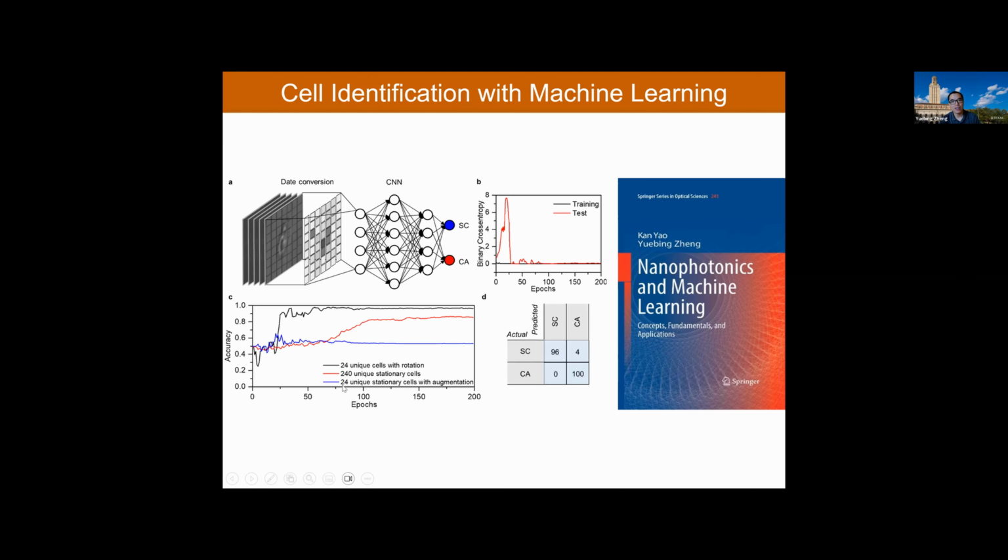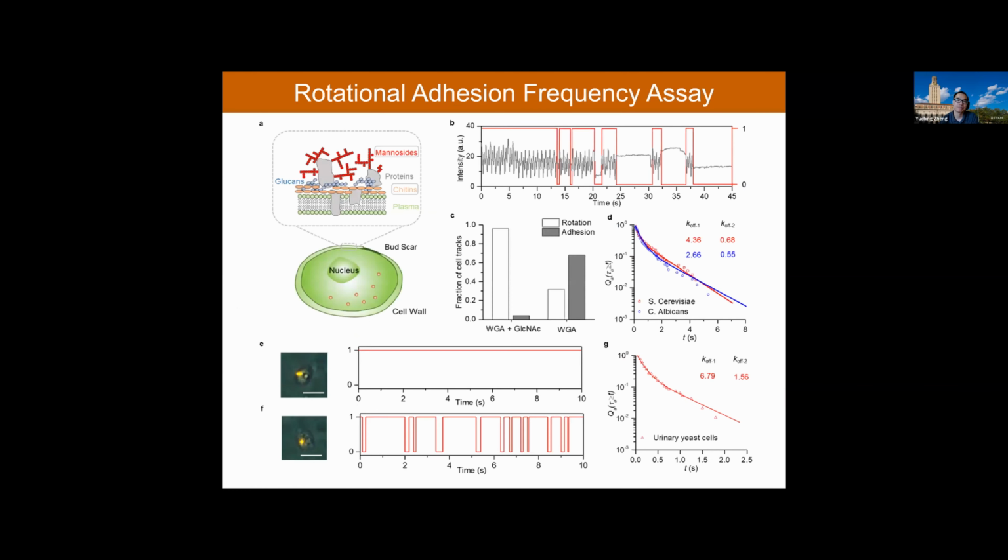So you can see, even though we're using 24 cells compared with 240, we can still get a good accuracy when we're using those to train the machine learning. So less training, more time efficient, but still good accuracy in telling the difference between different strains of bacteria by combining rotating, 3D imaging, and machine learning.